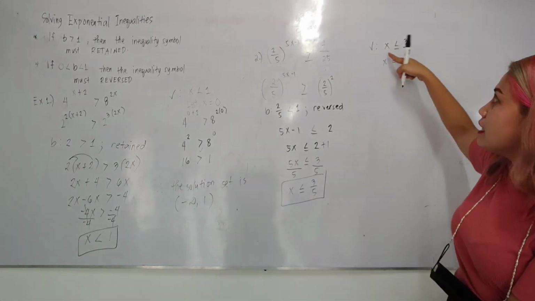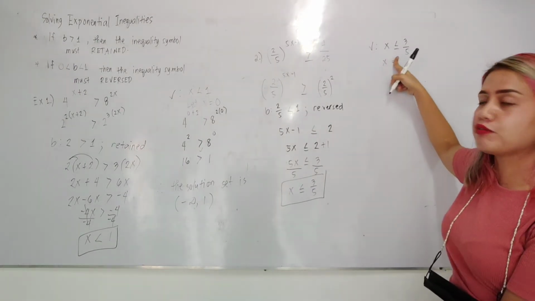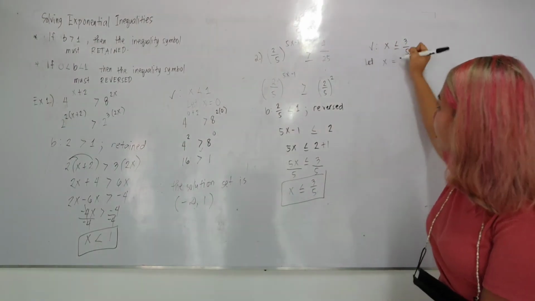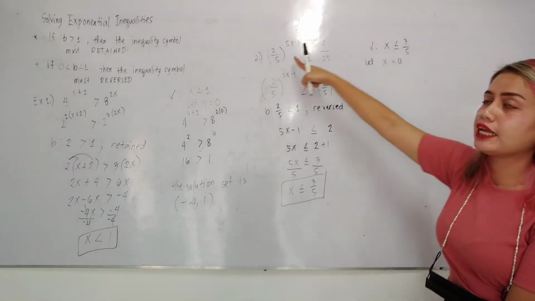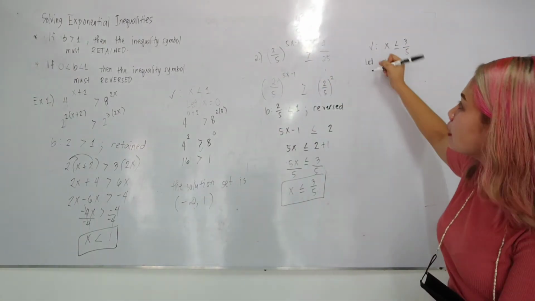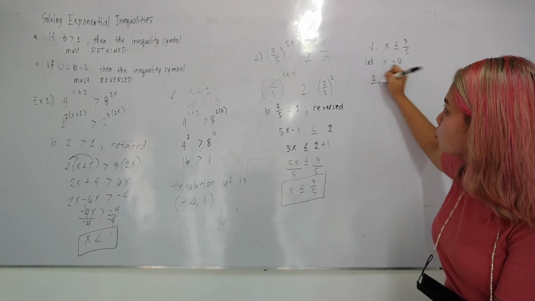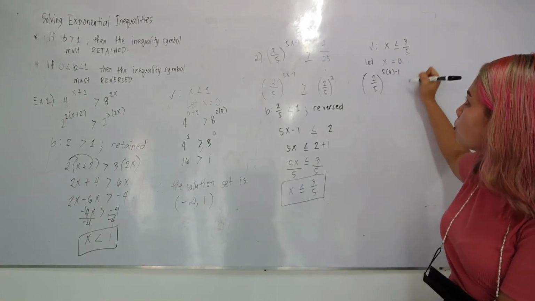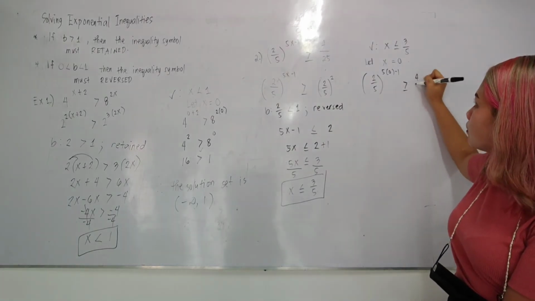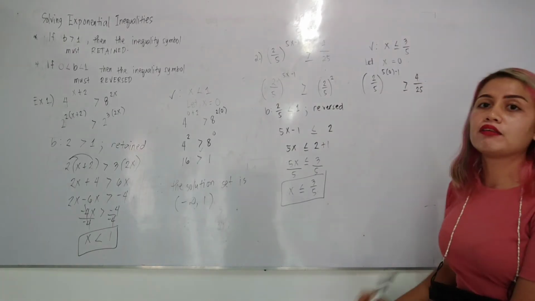So we can let x be equal to 0. Right? So you substitute it to our original exponential inequality. So 2 over 5 to the power of 5 times 0 minus 1, greater than or equal to 4 over 25.